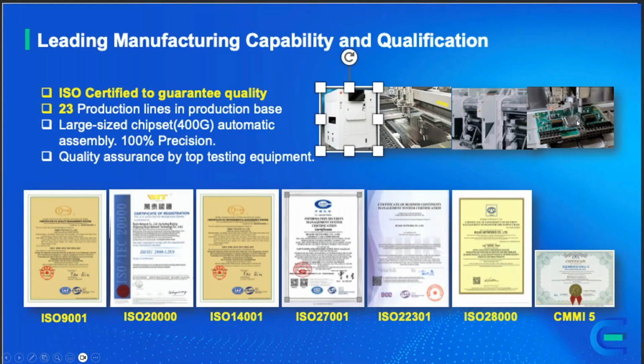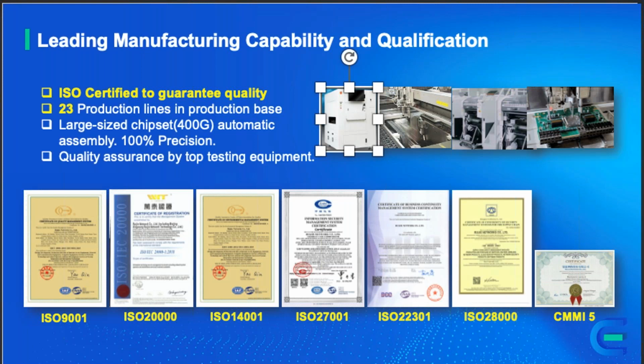So in the field of leading manufacturing capability and qualification, we hold all the ISO certifications, as we can see, the 9000, the 20000, the 40000, and all the rest of the ISO certifications.